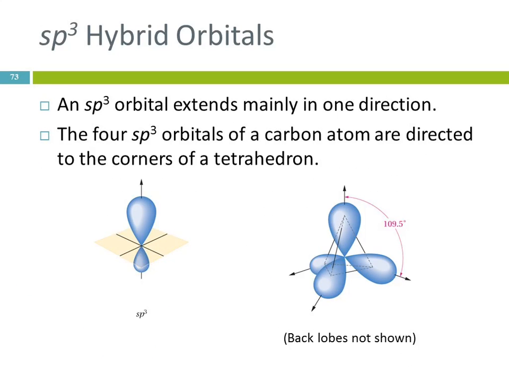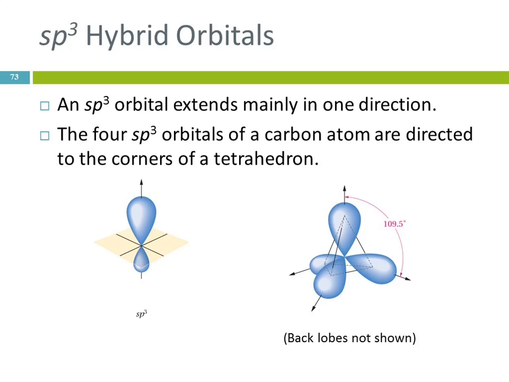If we draw those out, it's a mathematical addition of the s and p wave functions, and what we get is something that's shaped like this. It looks a lot like a p orbital, except one of the lobes is much larger and one is smaller.